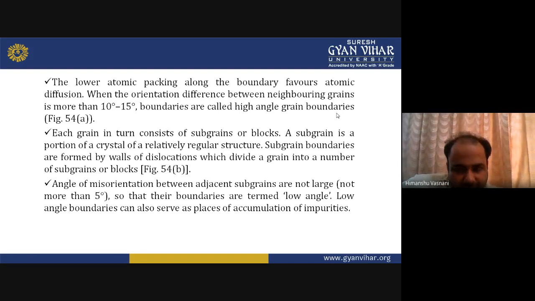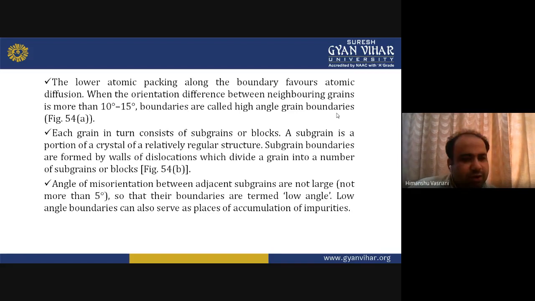Subgrain boundaries are formed by walls of dislocation which divide a grain into a number of subgrains or blocks, like in this B diagram, which depicts low angle boundaries. The angle of misorientation may be called a low angle.